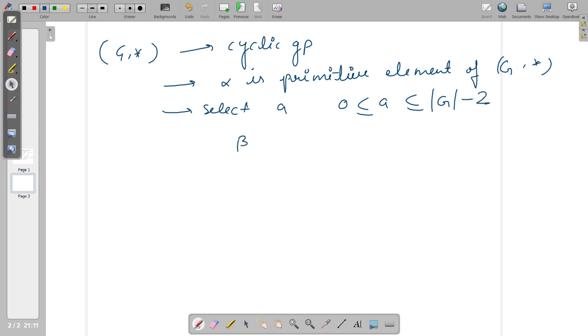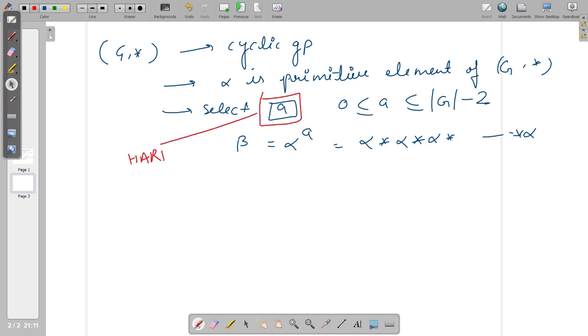So this beta is going to be alpha to the power A, where alpha to the power A is defined as alpha into alpha into alpha, A times. So this is how we define the discrete log problem. To find the value of this A is the discrete log problem, because it is a hard one. Finding the value of A is hard. So this is the discrete log problem.